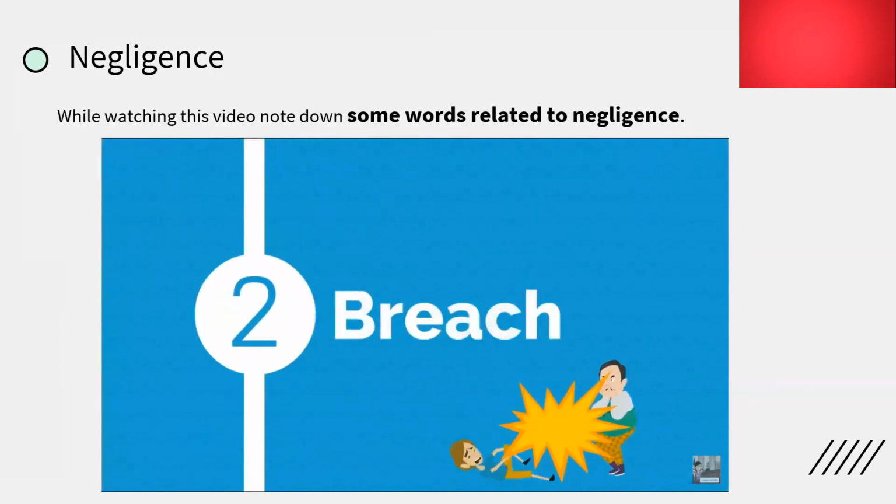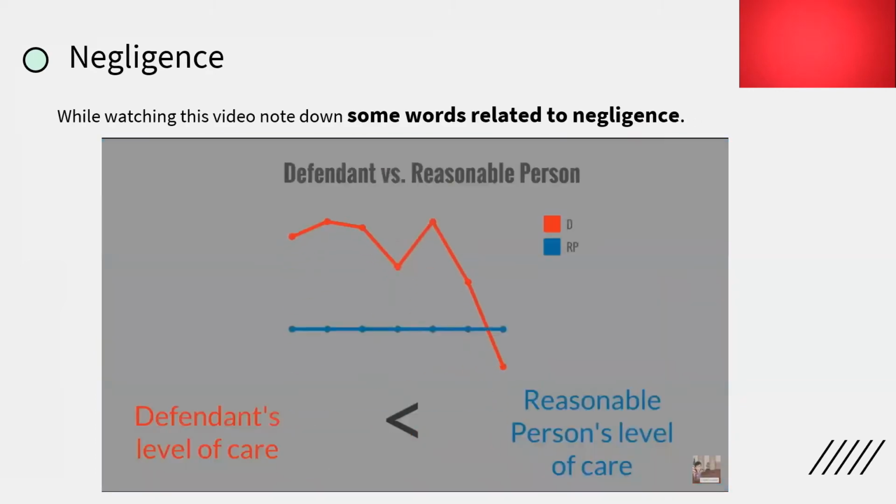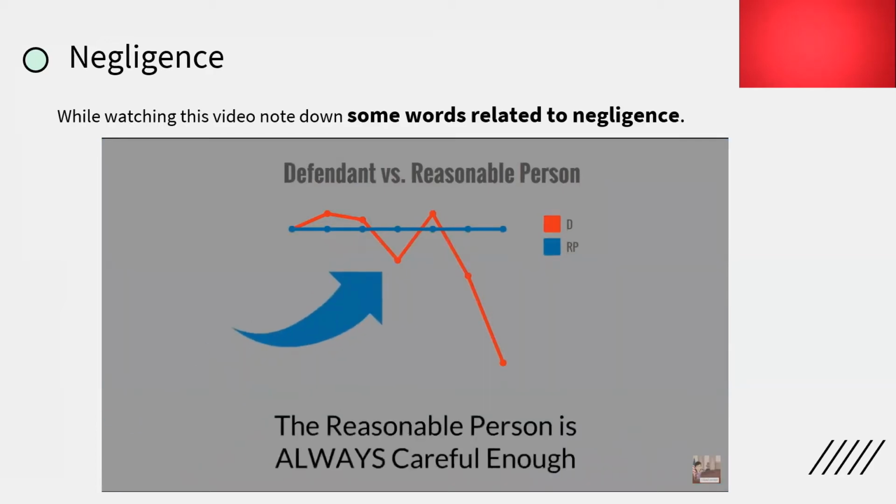Next, let's look at breach. To determine whether Dudley breached his duty of reasonable care, a court will probably compare Dudley to the reasonable person. If the defendant's level of care went below the level of care that we would expect from a reasonable person, we would say the defendant breached his duty of care. So using this chart as an example, we would say that whenever the red line goes below the blue line, the defendant breached his duty of care because he showed less care than the reasonable person would.